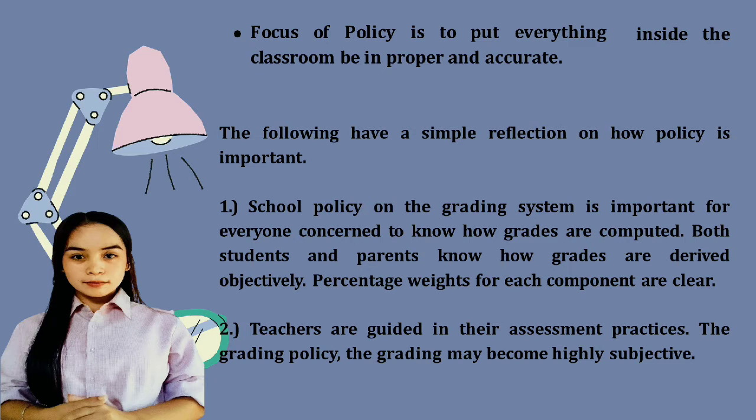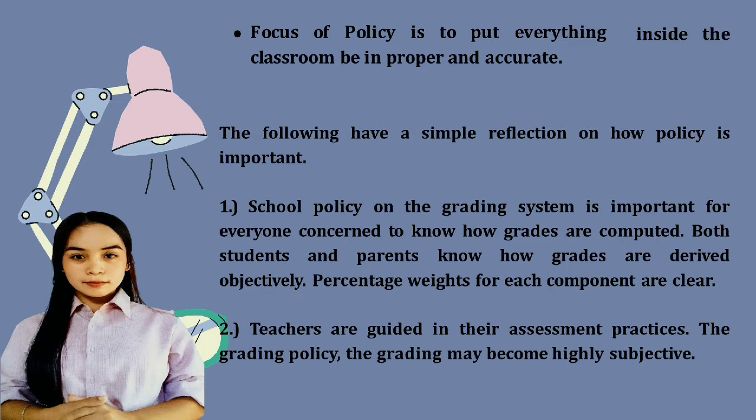So, the following are simple reflections on how policy is important. The first situation is about the school's policy on the grading system. As located here, this is important. Why? For everyone concerned to know how grades are computed.